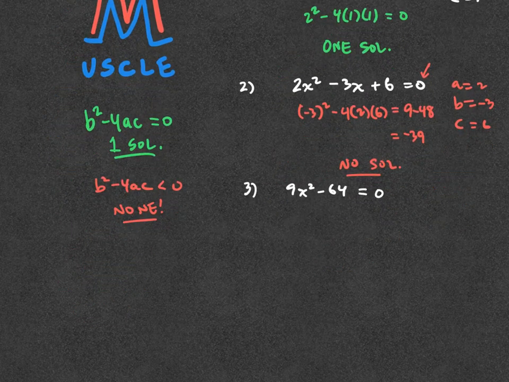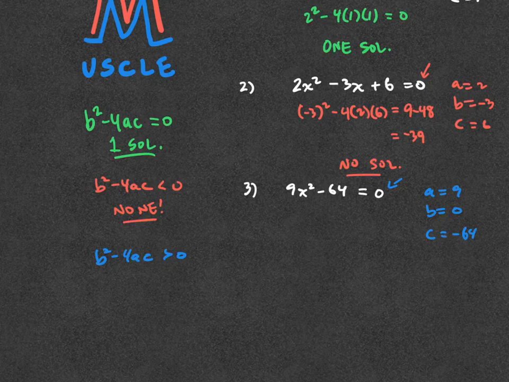Okay, let's do the third example. We have it equal to 0, so it's good to go. You can probably predict what's going to happen here. I'm guessing this will be greater than 0, but let's see what happens. a equals 9, b equals 0, there is no linear term, and c equals negative 64. So b squared is 0 squared minus 4 times 9 times negative 64.